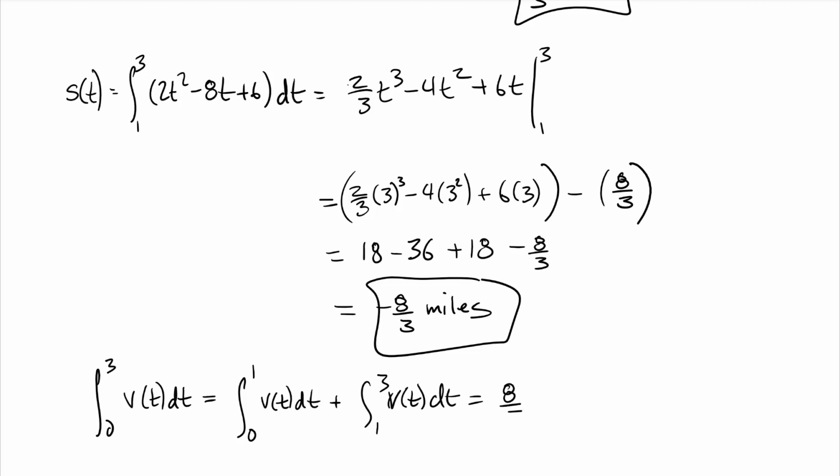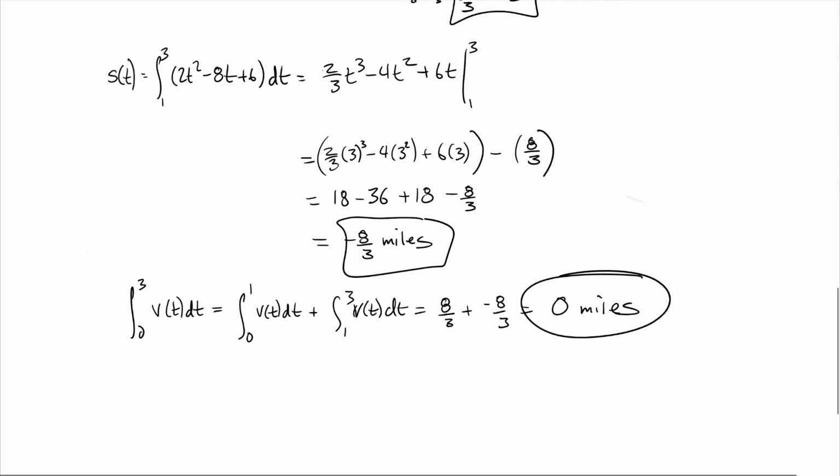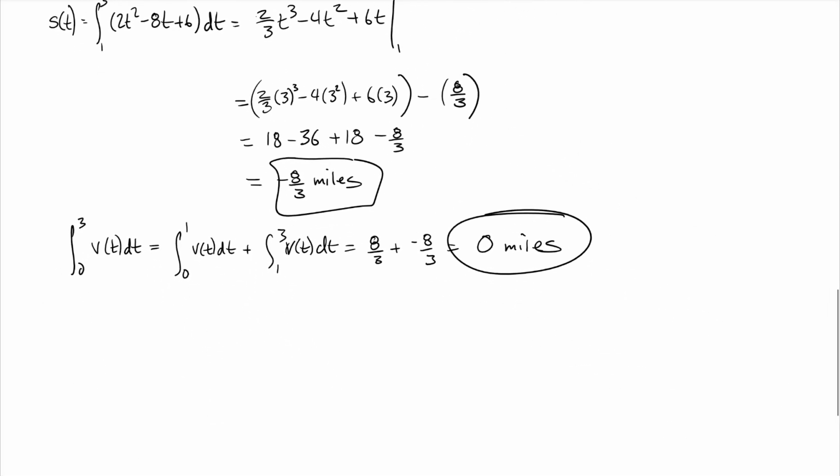That's 8/3 plus negative 8/3. So his displacement was 0 miles. So the dude jogged north, then turned around and just jogged south back home. And I guess it just took him a lot longer to go there.